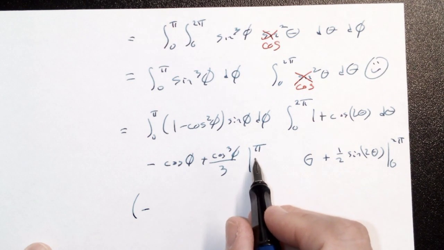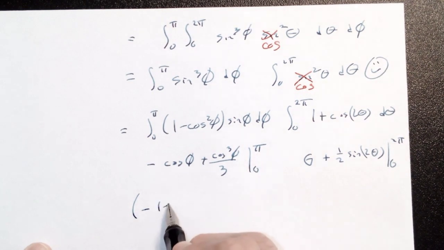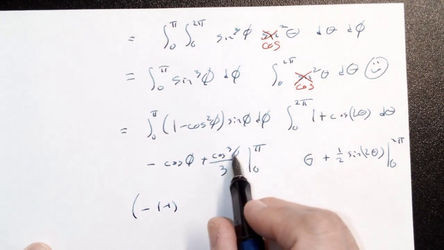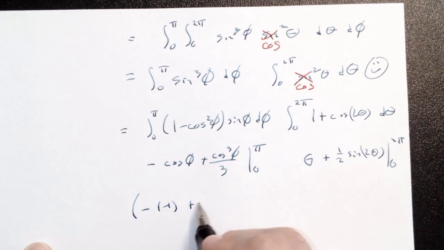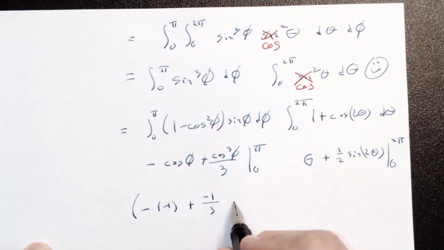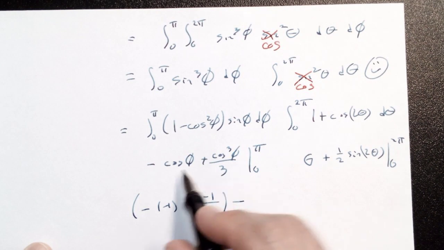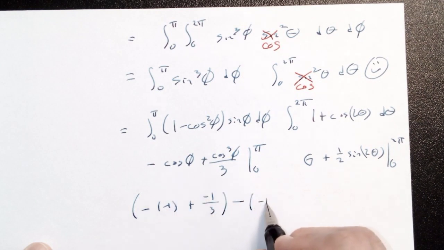Cosine of pi is -1. -1 cubed is also -1. Cosine of 0 is 1.